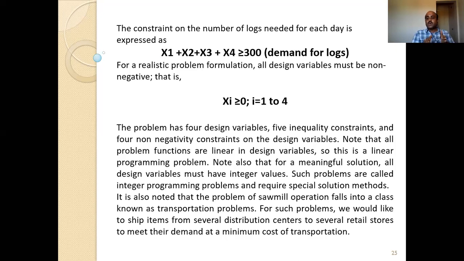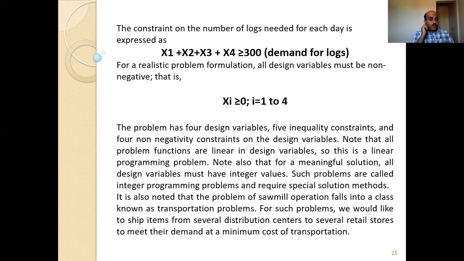So the total number of logs per day from both the forests and for both the mills should be a minimum of 300. So another constraint we can put over here is x1 plus x2 plus x3 plus x4 should be greater than or equal to 300.